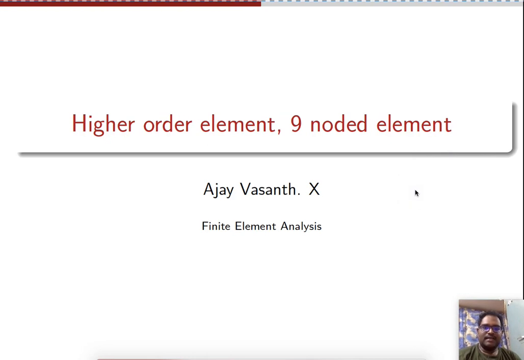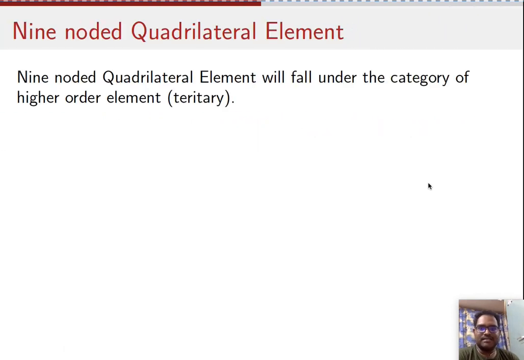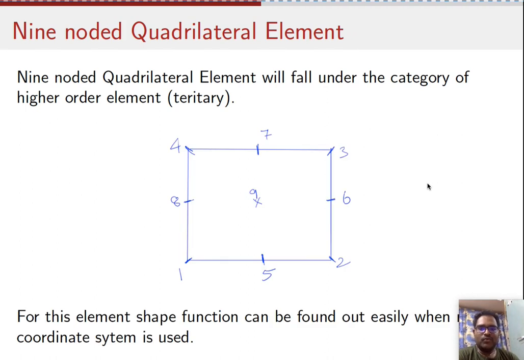As I stated in the previous videos, there are many ways of finding the shape function, but what we are trying to do in this class is follow what is referred to as a natural coordinate system. A natural coordinate system, as everyone knows, is on the simpler side.